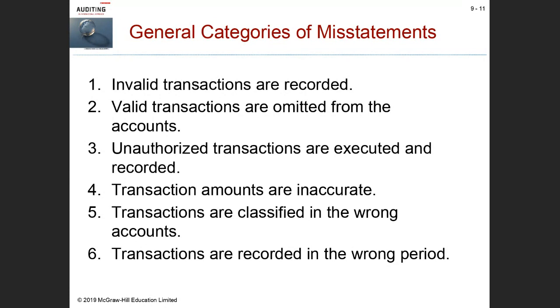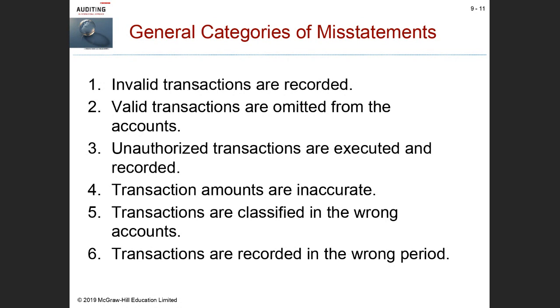With respect to valid transactions, the system should ensure they are recorded. The third type of error, unauthorized transactions are executed and recorded. Again, our internal control system should ensure that only authorized transactions would be conducted or executed by the business, and that all of them, of course, are recorded, because they have been authorized.